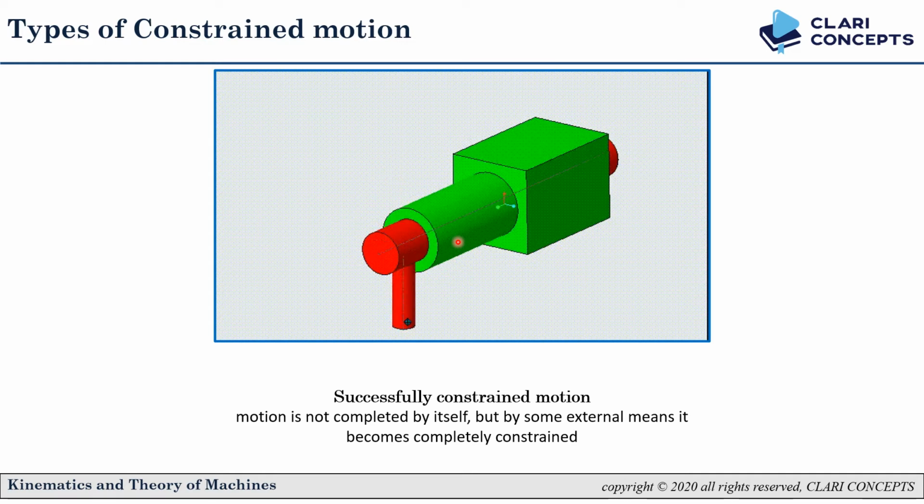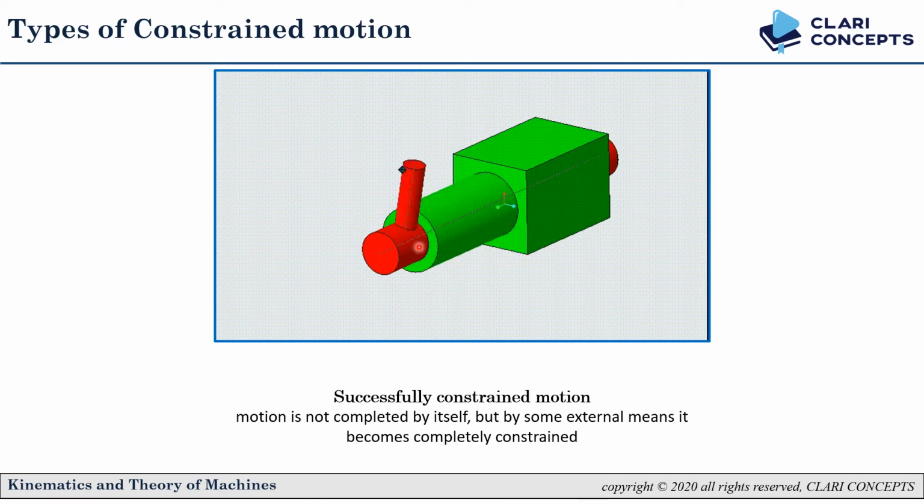Now why are we calling this successfully constrained motion? We'll see here. Motion is not completed by itself, but by some external means it becomes completely constrained, right? That means initially, in the previous example, it was not completely constrained. Whenever I say completely constrained, it means the only motion possible is in one direction, right?